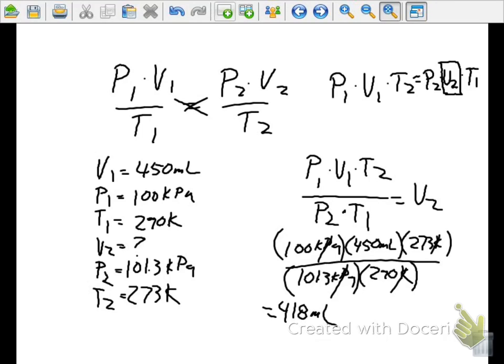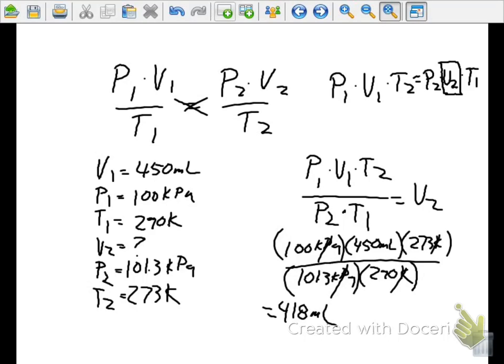Okay, it'll be 418. So the problems that you'll need to do, add on to those in your notes, would be 248C, as in cat, and 273.